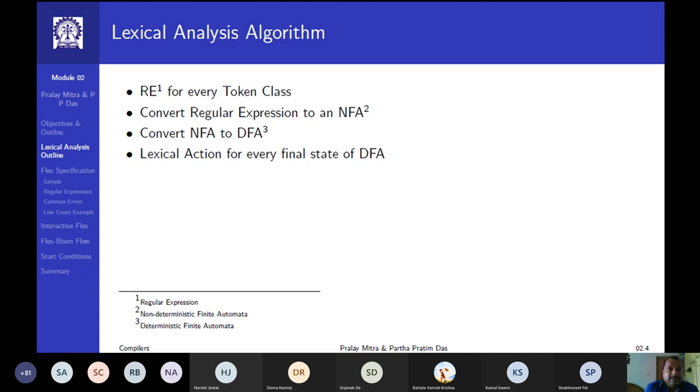When I talk about the lexical analysis algorithm, you can think of the situation where a source program is given to you. Let us assume a simple C program, and for simplicity I am not including stdio.h.